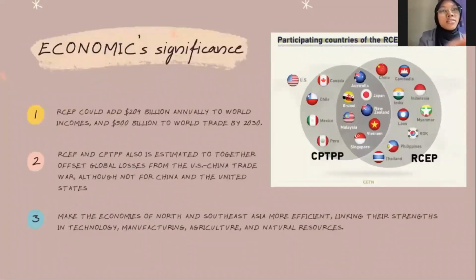Okay, for the economic significance, as RCEP was signed, RCEP could add $209 billion annually to world incomes and $500 billion to world trade by 2030.